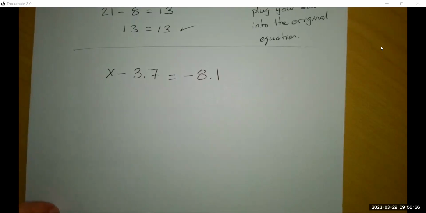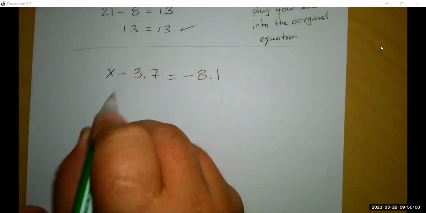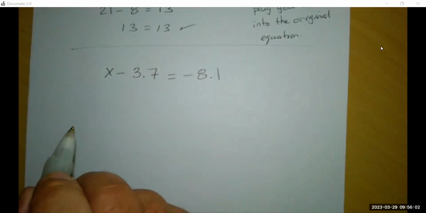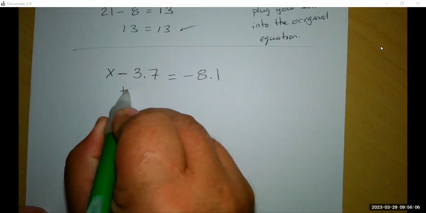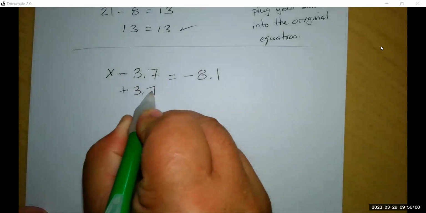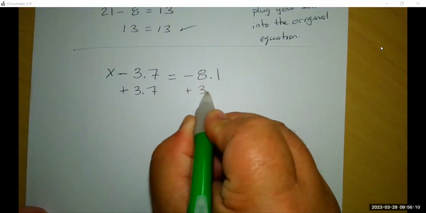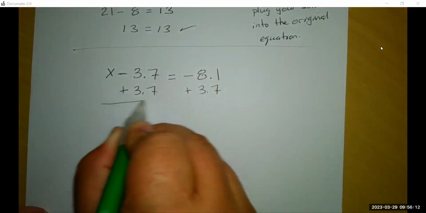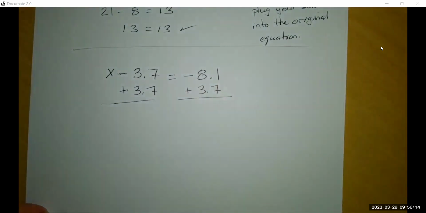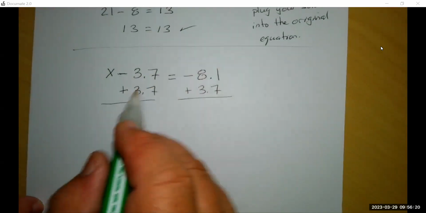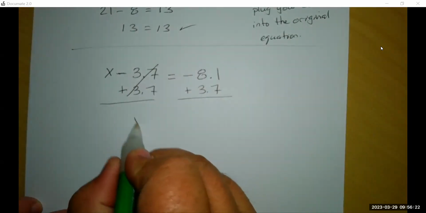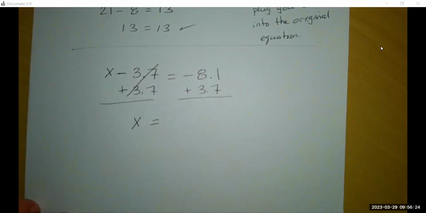So we have to do what? We have to get rid of the negative 3.7. How? Since it's negative, we have to do the opposite, which is add 3.7 to both sides. So negative 3.7 plus 3.7, they cancel. So we have X by itself.